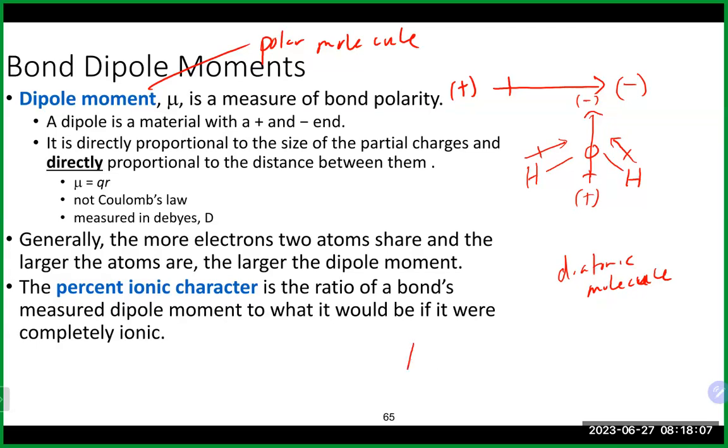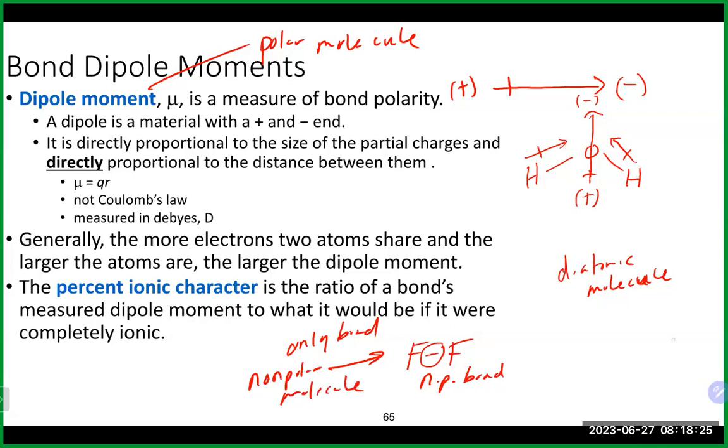Something like F2 has a non-polar bond, and because that is the only bond, it is going to be a non-polar molecule. And something like HF, which we saw, does have a polar bond heading in that direction. And once again, because this is the only bond, it will also be a polar molecule.